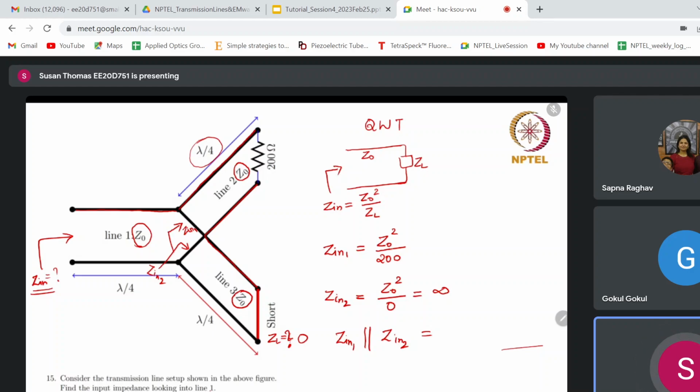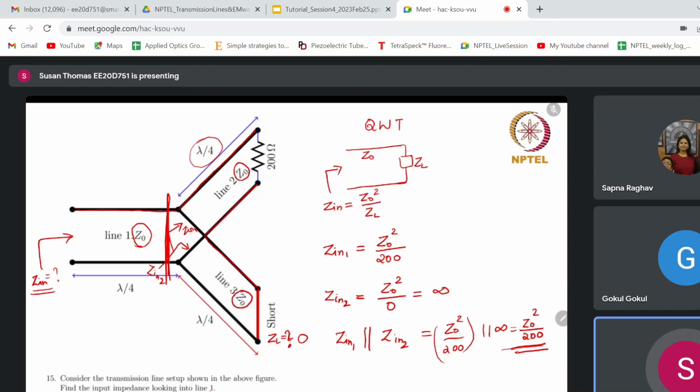So, Zin1 parallel to infinity. Okay. Z0 square by 200 parallel with infinity. What you will get? You will get Z0 square by 200. Okay. So, that will be your resultant at this point.